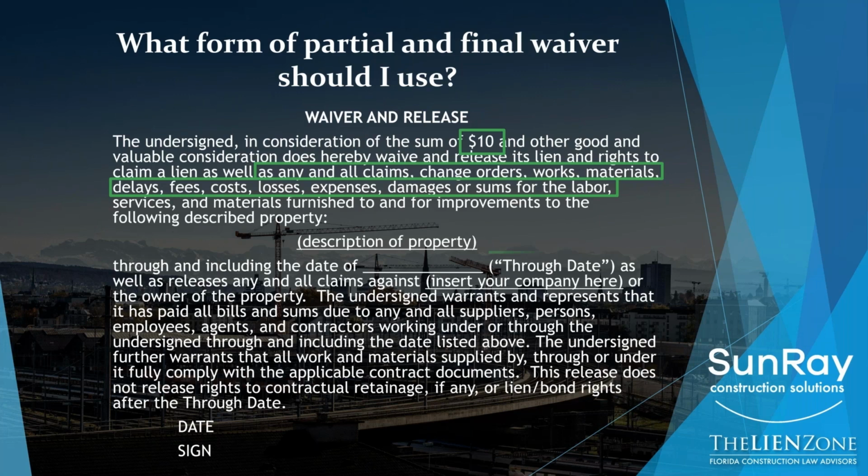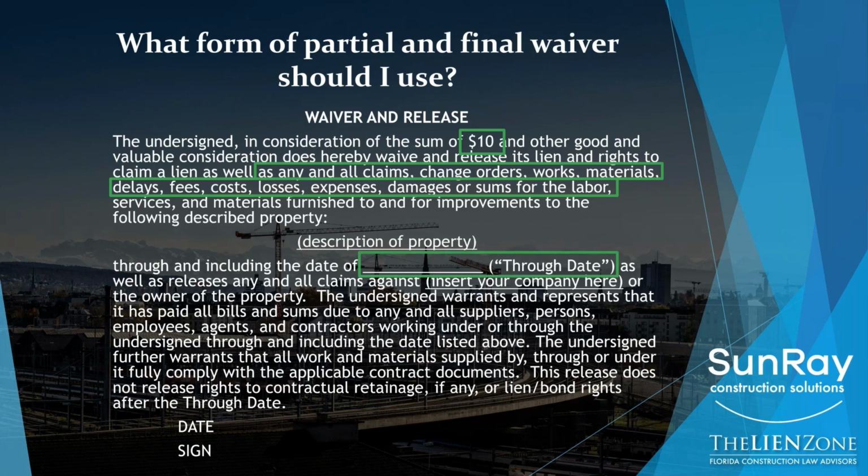So notice that the statutory release form only releases your lien rights. This form is releasing anything and everything that you may have as a possible claim. Delays, change orders, any work or materials done, and it's all effective prior to and including the through date.